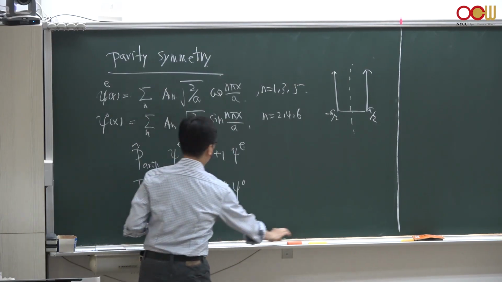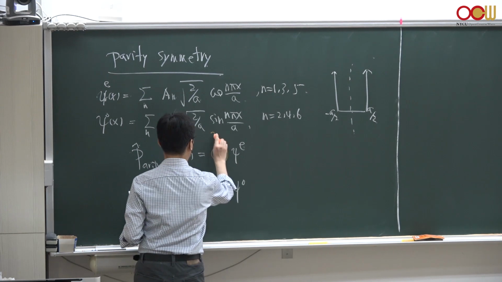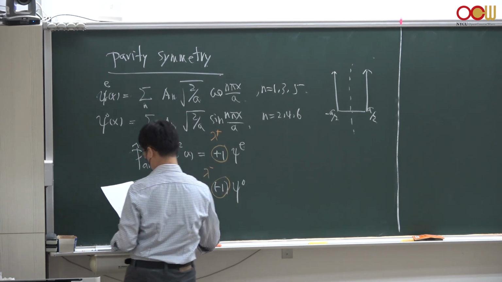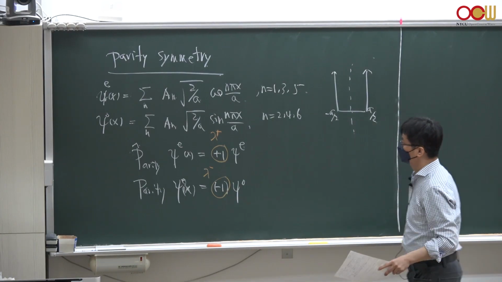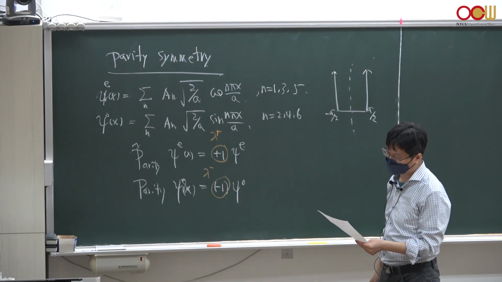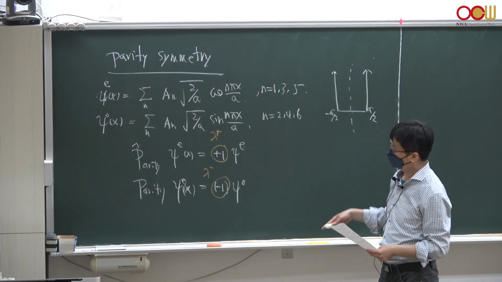So we call these eigenvalues lambda plus and lambda minus. And as I mentioned, these two eigenfunctions are simultaneous eigenstates of parity and Hamiltonian.